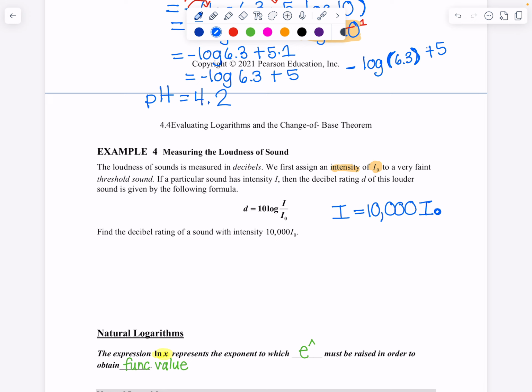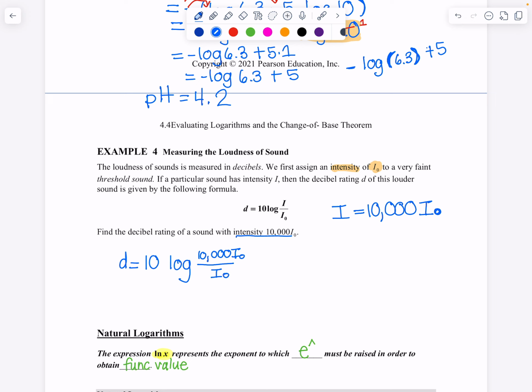Now, knowing that, because it says intensity right here, where I see I, this is what I have to plug in right here. So let's do it, you all, because we have to find the decibel rating. D equals 10 log of I, which is 10,000 I sub 0, and then the formula just has I sub 0.